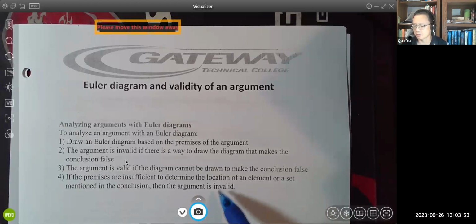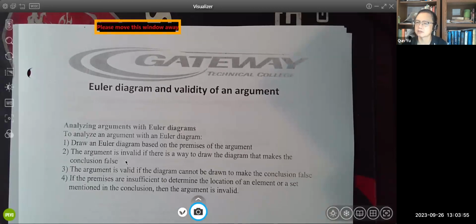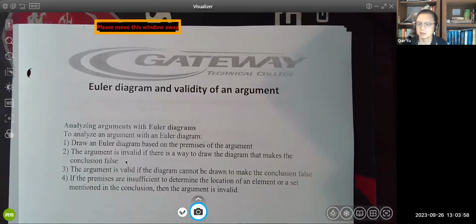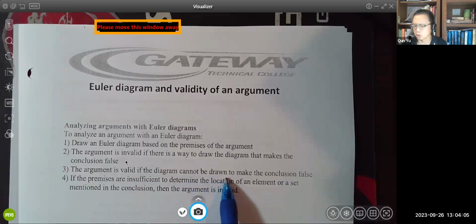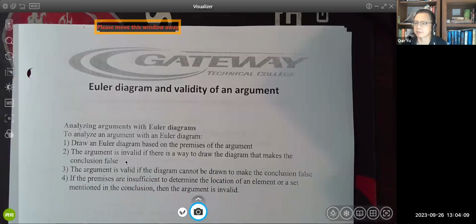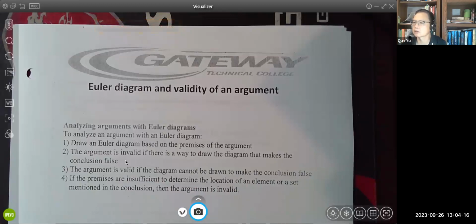There's no way to determine, so it's invalid because you cannot even draw a conclusion. And number 3 says the argument is valid if the diagram cannot be drawn to make the conclusion false. That means everybody will draw the same conclusion. Otherwise, if you could draw a different conclusion, that means the original conclusion is false, because a valid argument will have a unique conclusion. Your conclusion will be the same as the given one if it is valid.